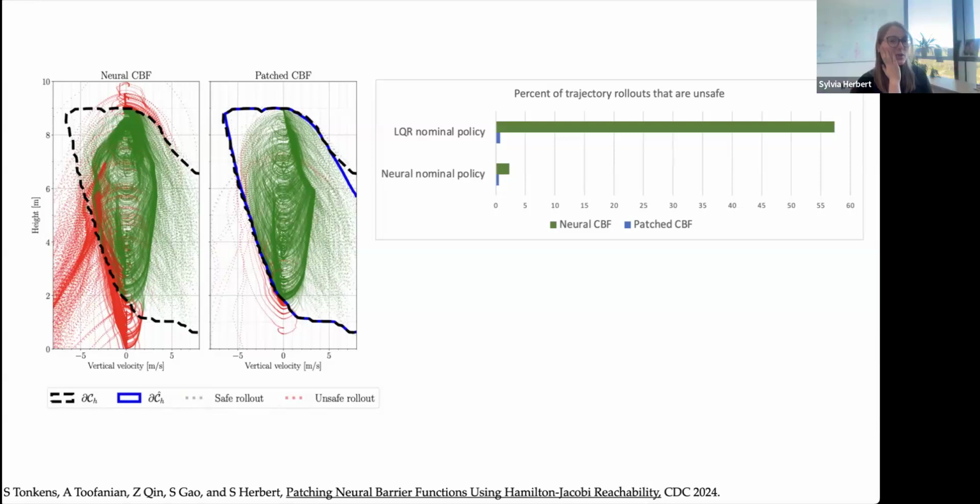Yeah, I think you could do the local patching for reachability. Somil Bansal and Andrea Bajcsy at Stanford and CMU respectively did a local updating of reachability based value functions. They weren't doing it for neural value functions, but they were doing it for if you are navigating through a space and you see that a local thing has changed, how do you locally update your value function?